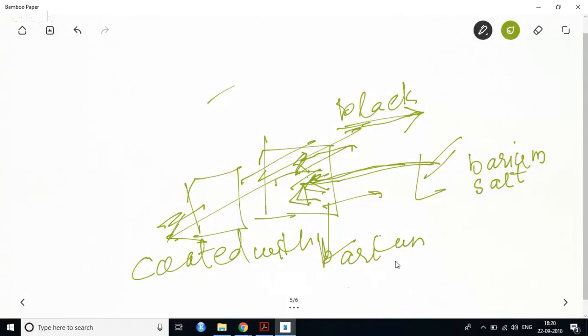Now look at the diagram in your book. The target is made like this. Guys, look here, the target is made like this.